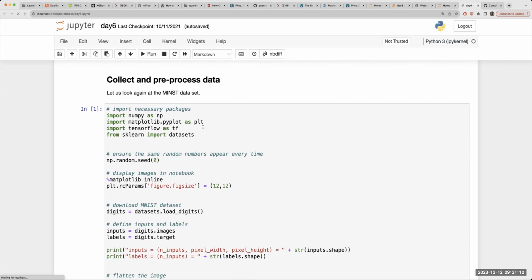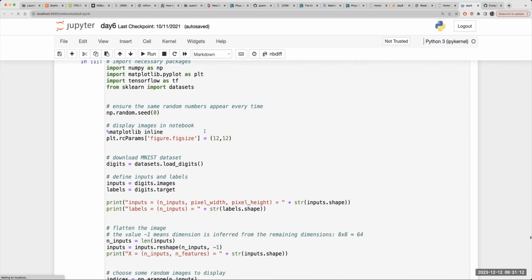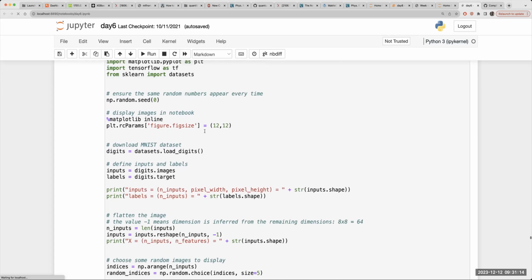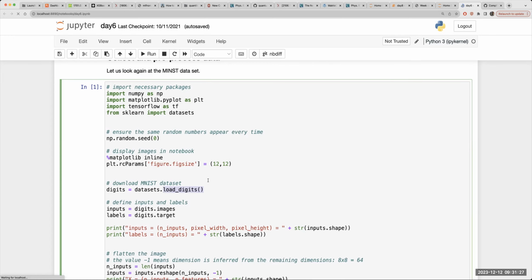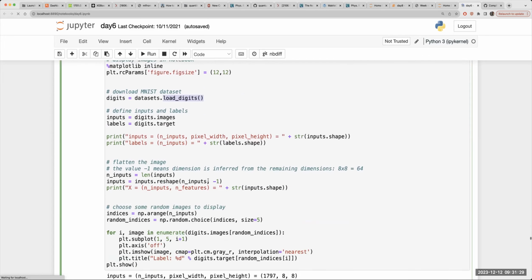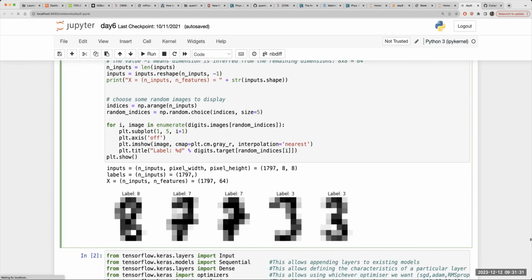So if you look at the MNIST case again, we are now just reading the data using the inbuilt scikit-learn functionality with datasets, and that just loads the handwritten numbers. So this is a data set with only 2,000 entries. It's actually less than 2,000. It's 1,800. And then we split it into train and test.